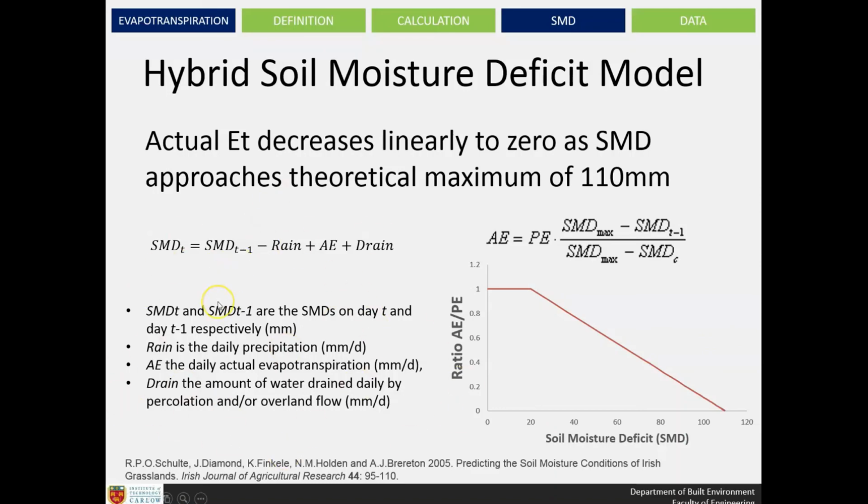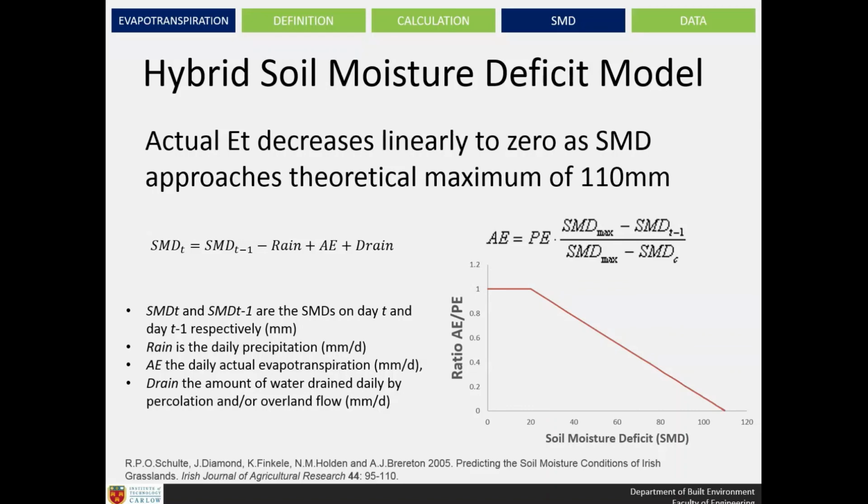You can find this on the Met Éireann website. One advantage of this is it's relatively easy to implement yourself. You could implement this in Excel and use it to get an estimate for actual evapotranspiration. We've used it quite a lot.